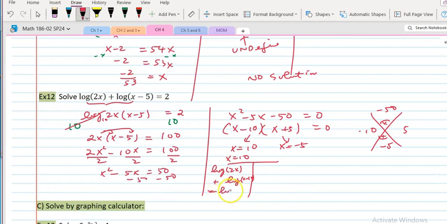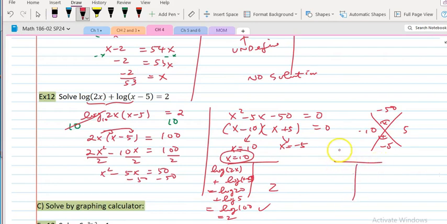That would be log 20 plus log of 10 minus 5, which is 5. So that is equal to log 100. That's equal to 2. So this is equal to 2, so that's correct. x equal to 10 is right.